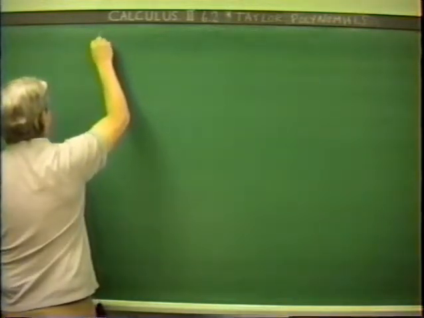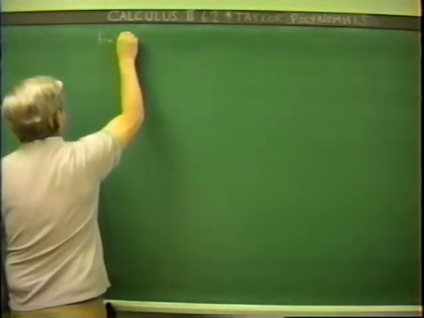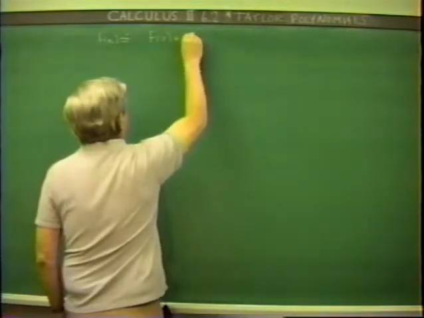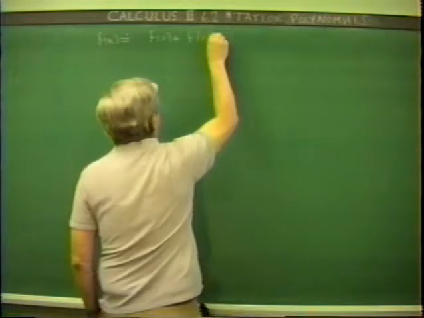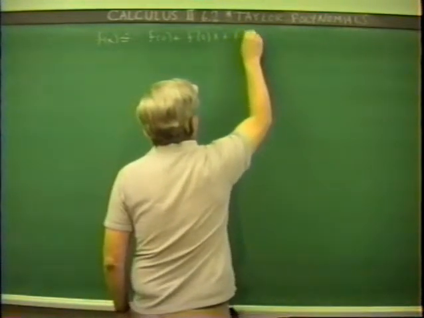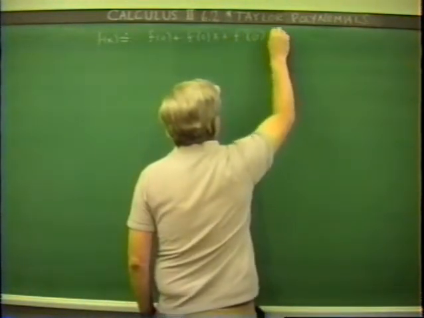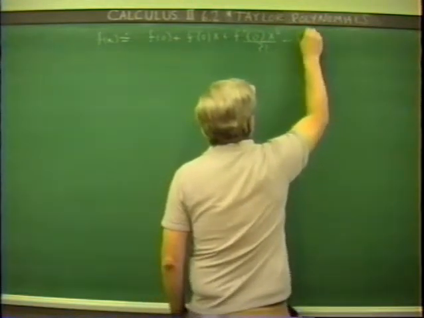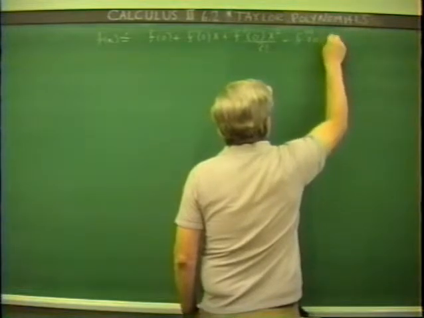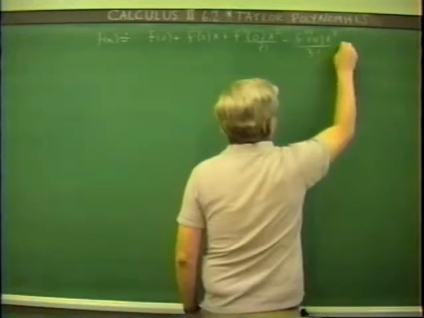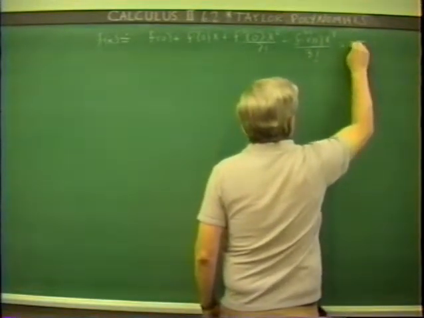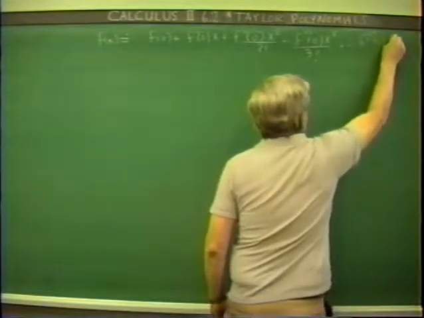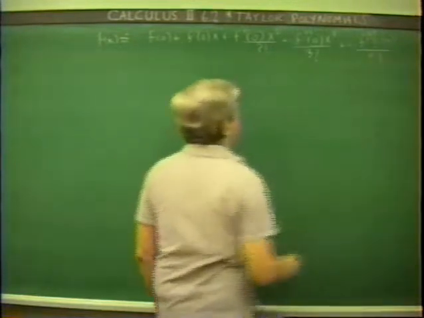And recall then that f of x is approximately equal to the function at 0 plus the derivative at 0 times x plus the second derivative at 0 times x squared over 2 factorial plus the third derivative at 0 x cubed over 3 factorial and so forth here. The nth derivative at 0 x to the n over n factorial.